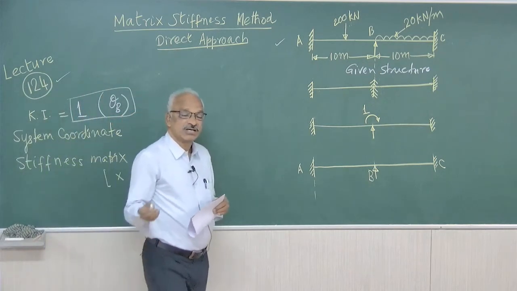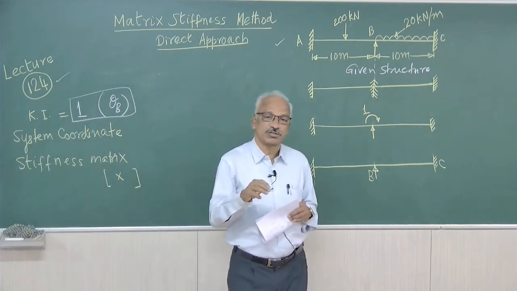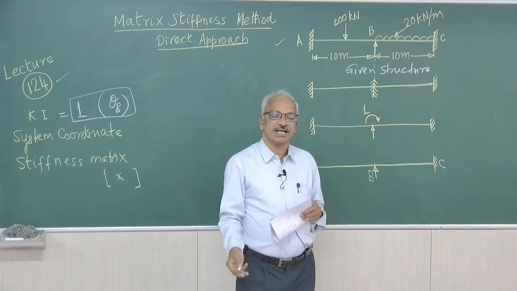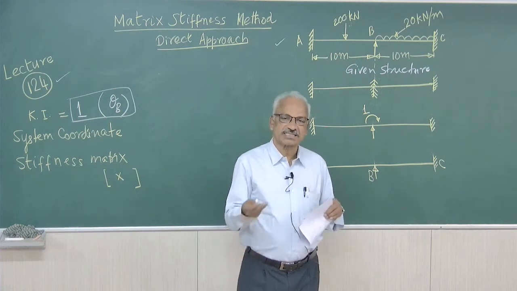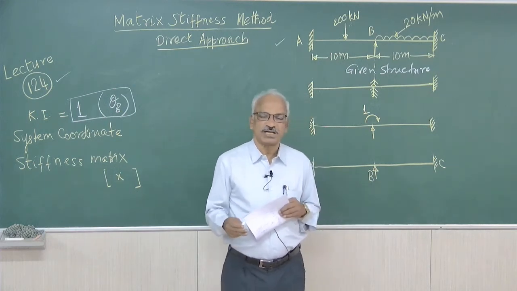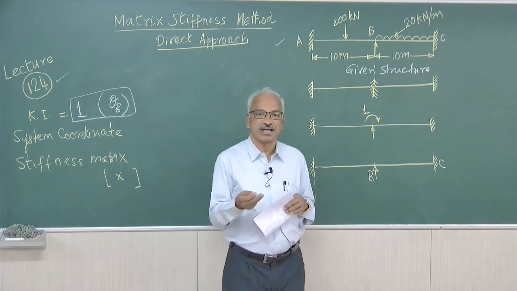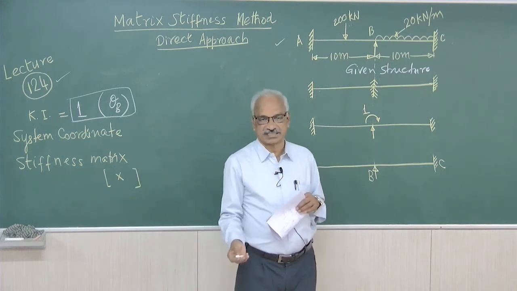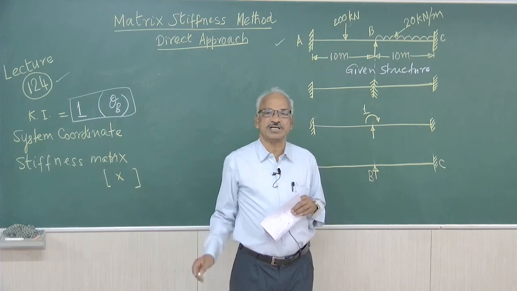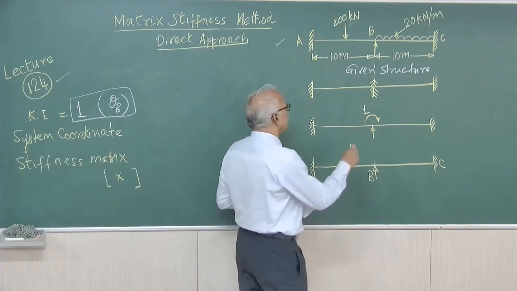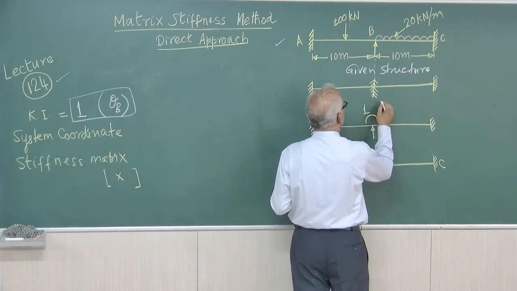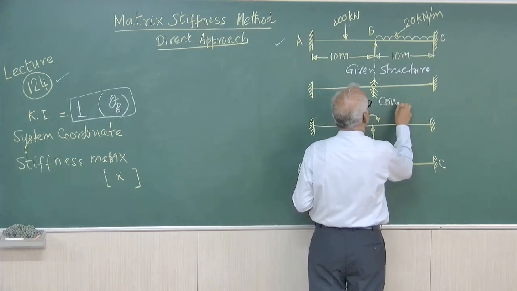In the matrix flexibility method, we first find out the primary structure, a statically determinate structure. Here in the matrix stiffness method, we have to find out the constrained structure, or kinematically determinate structure. We have to arrest all possible displacements. So this is the kinematically determinate structure, or constrained structure.